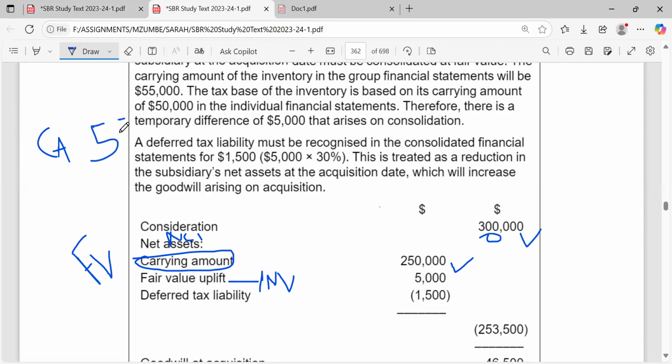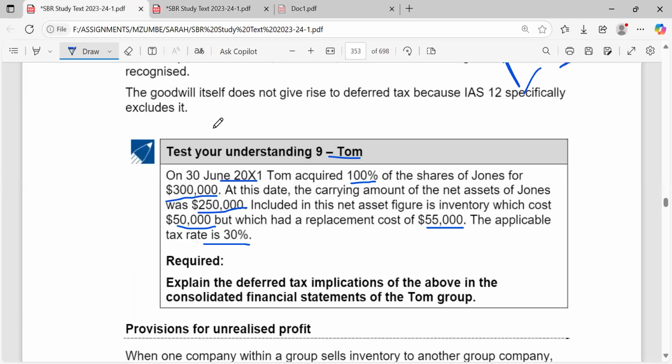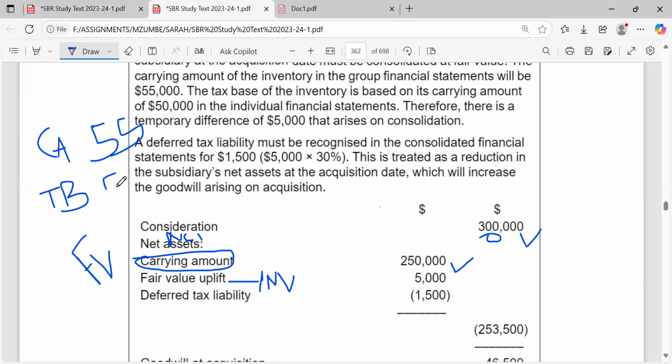And what about the tax base? We are told that for the tax base, we go and deal with the individual financial statements. In the individual financial statements, the figure was only 50,000. So the tax base would be only 50. You get the difference here: 55 minus 50 gives you 5.